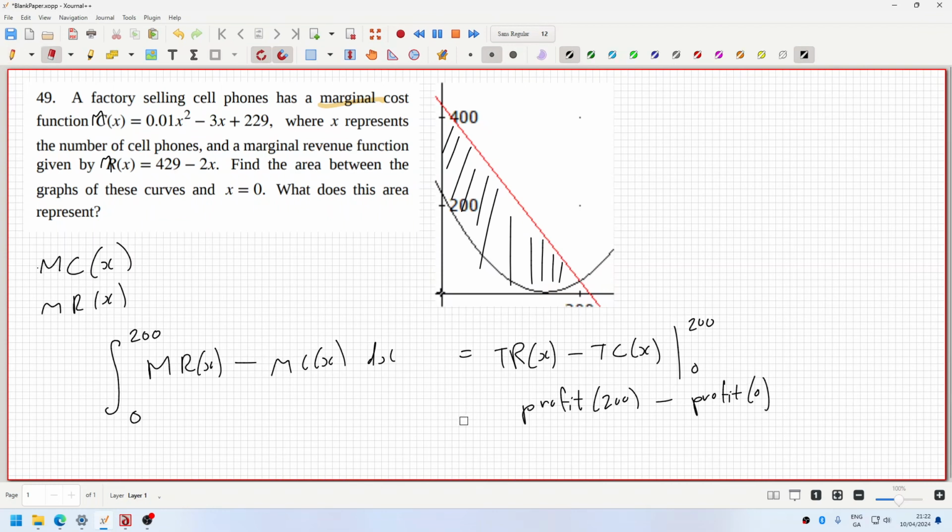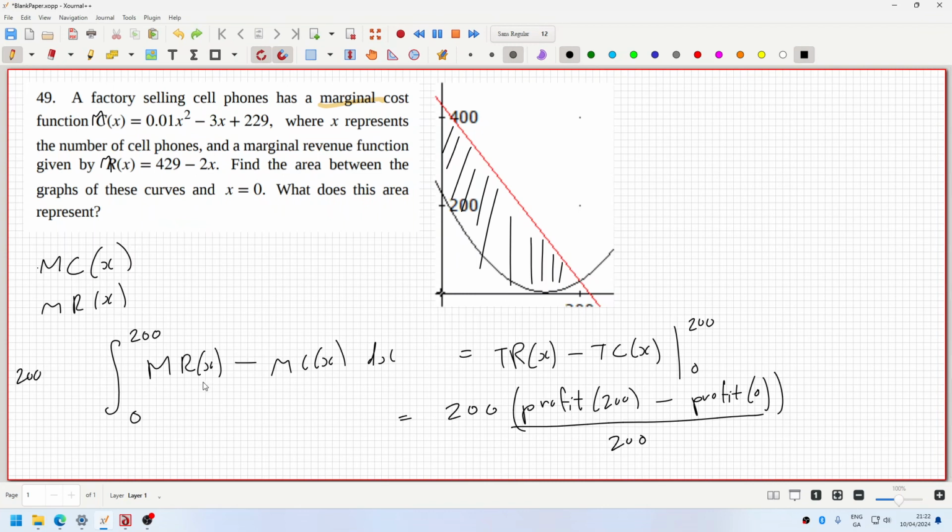I guess what I could do is multiply this by 200. I'm still assuming it's 200, and divide this by 200. So it's kind of like I put a 200 here times 1 over 200 here. I could make it an average.